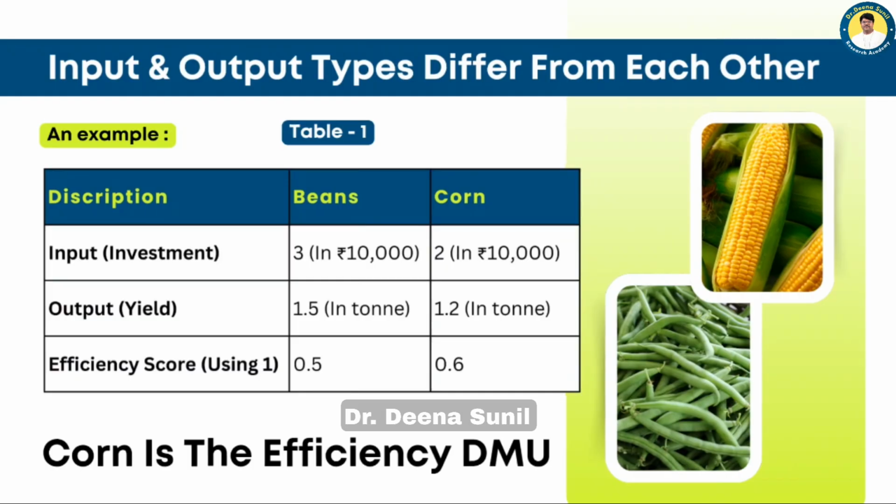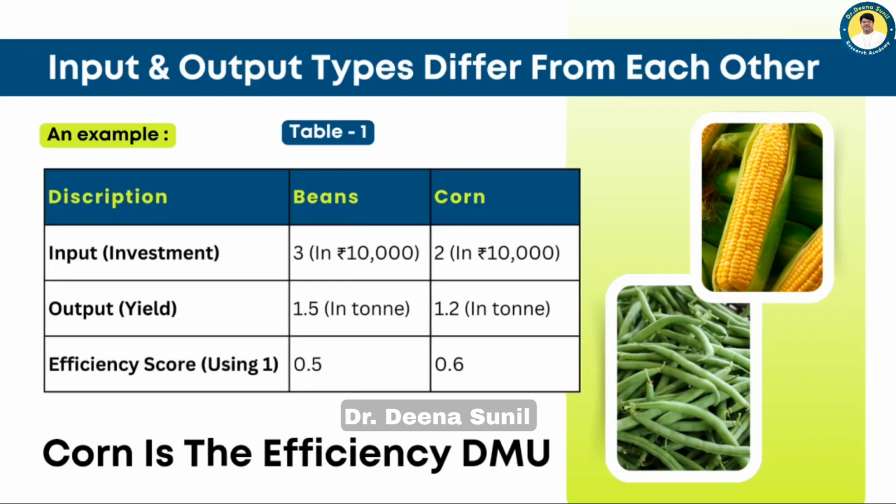Input and output type may differ. What does that mean? Just see here, for input that is 3 units, the type is currency. In output, look at beans 1.5 in ton, this is not a currency, this is a quantity, but we can apply the efficiency formula.